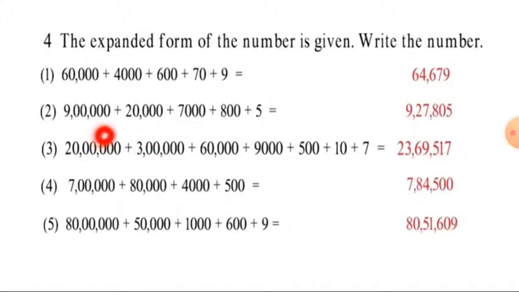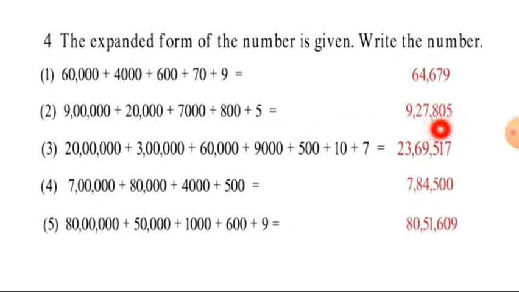Again your expanded form is given. Now 9 lakh plus 20,000 plus 7,000 plus 800 plus 5. So 9 lakh, we will write 9 lakh, comma, 20,000 plus 7,000. So in standard form, we will not write 20 different and 7 different. We will write both together as 27,000, comma 800 is given, so 8. Now students, here there is no number at the tens place.